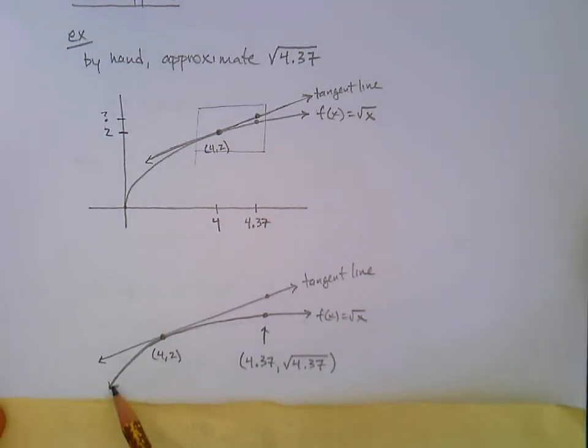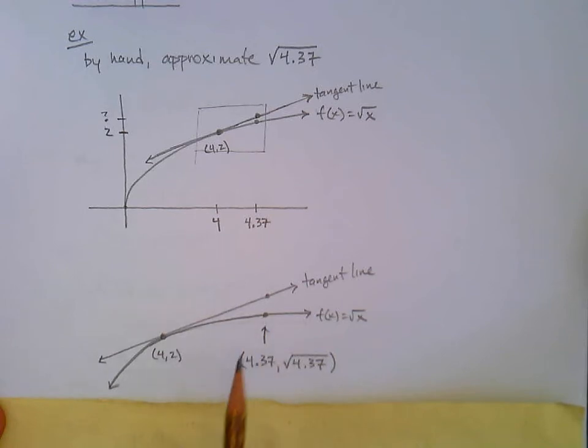Here's the square root of x, and I've really exaggerated the curve so we can get some good separation. There's 4.2, where the tangent line passes through. Okay, so we want to know this y value, right? That's at (4.37, square root 4.37). What is that value right there?